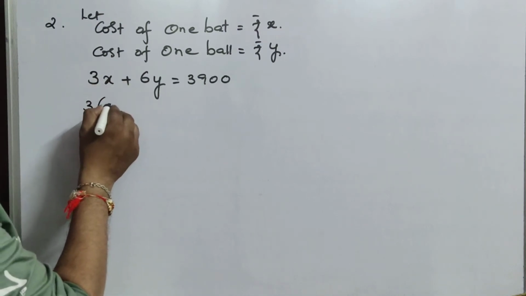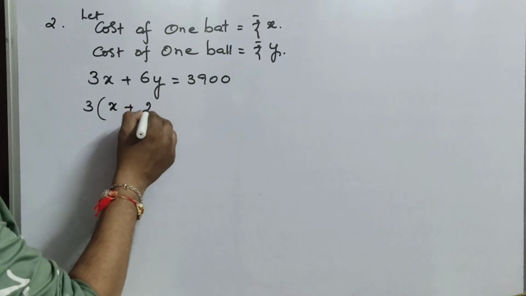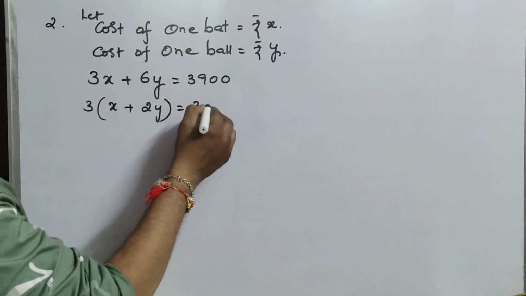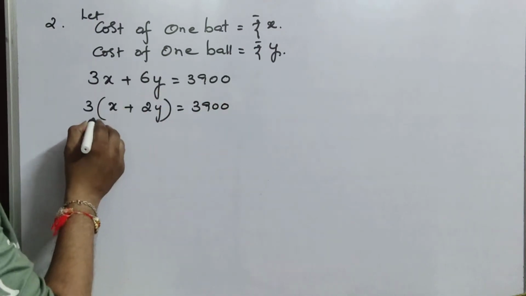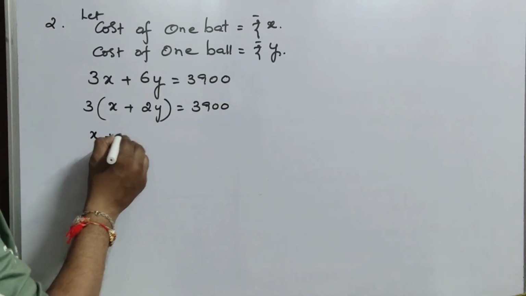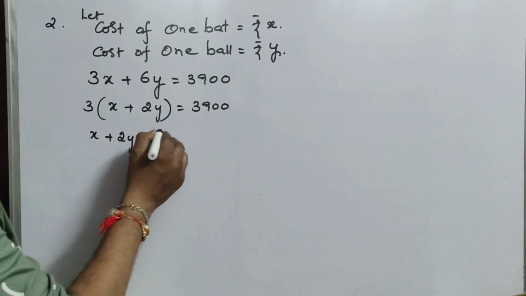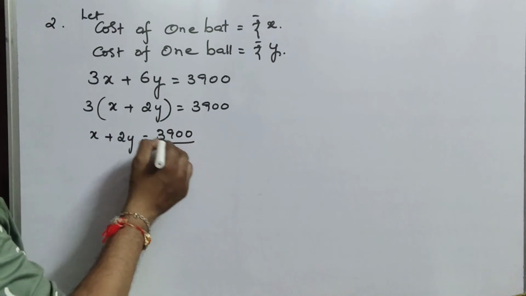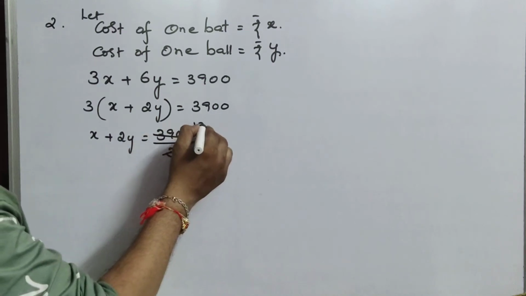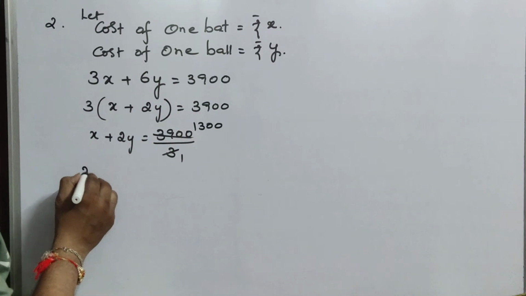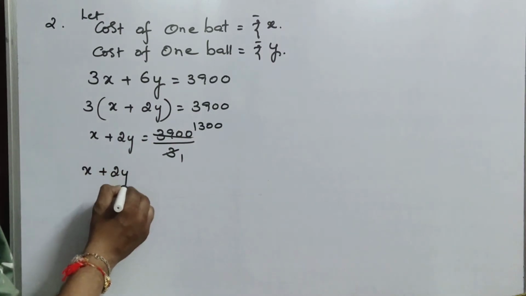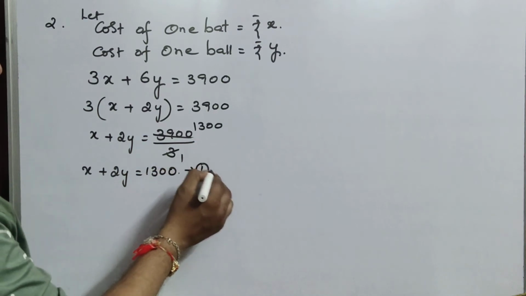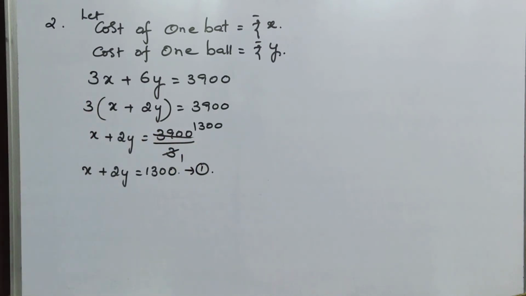Taking 3 common, X plus 2Y equals 3,900 by 3, which is 1,300. That means X plus 2Y equals 1,300. So this is equation 1, that means the first condition.